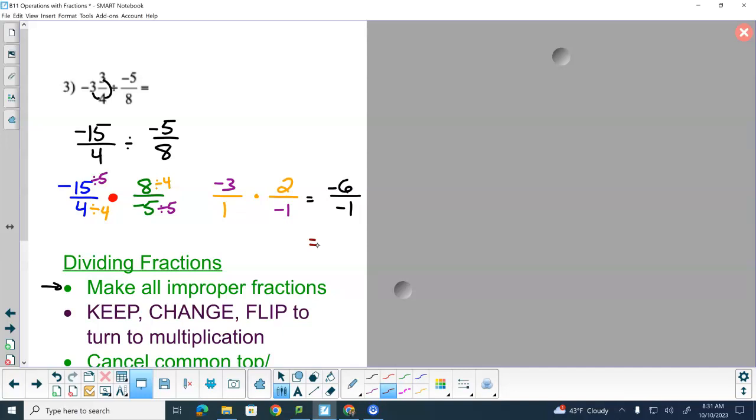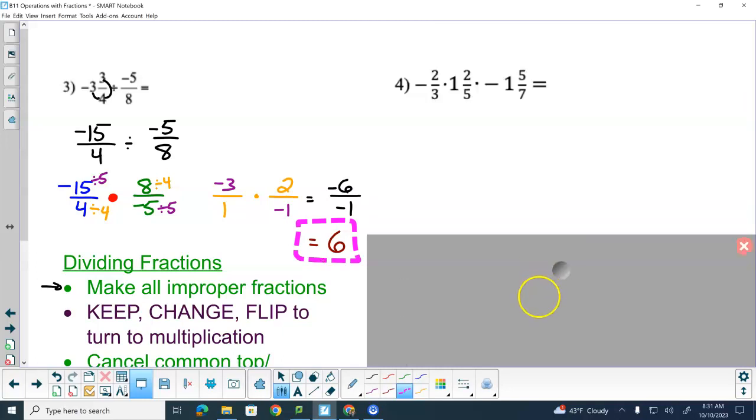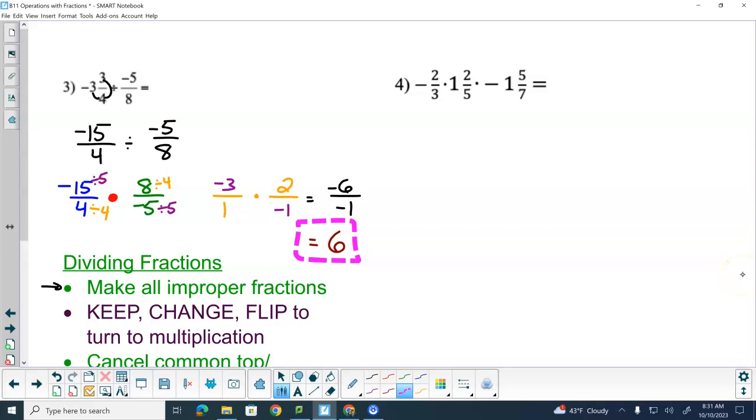Oh, positive 6. Positive 6. So it's negative divided by a negative. All right, I did it the other way. That's fine. Again, they both work. I just wanted to show the other one.